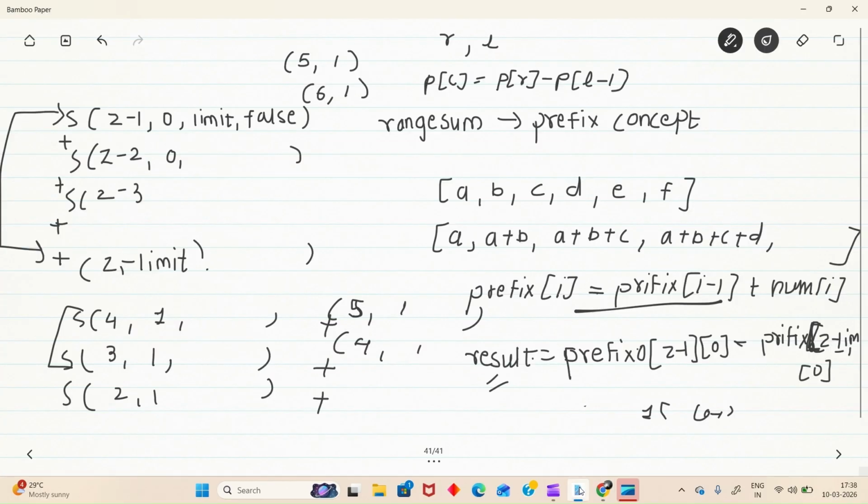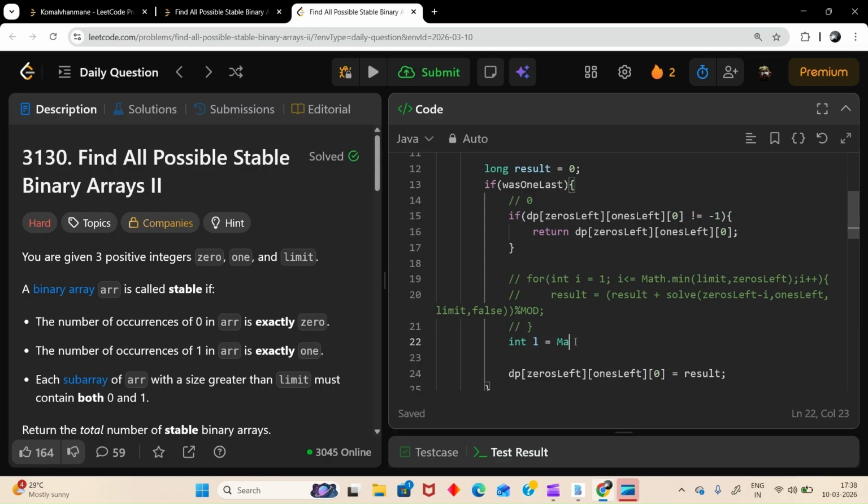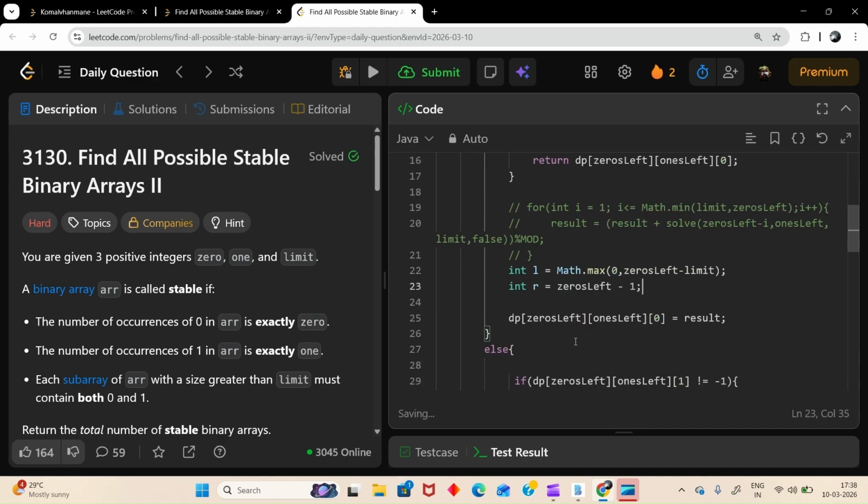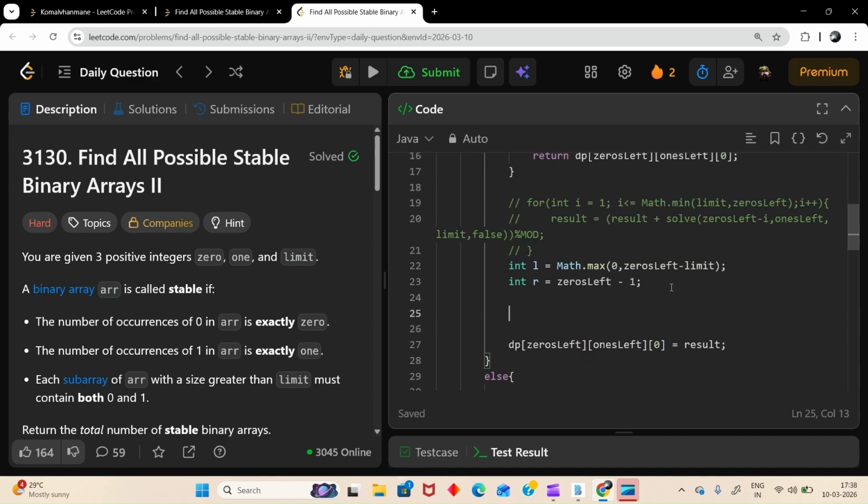Left will be math dot max of 0 comma zeros left minus limit, and int r is equal to zeros left minus 1. So that is z minus 1 and z minus limit.